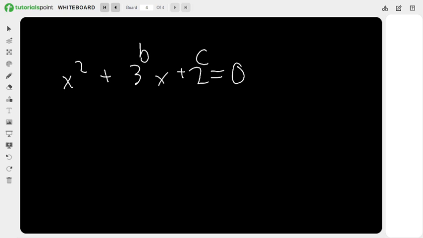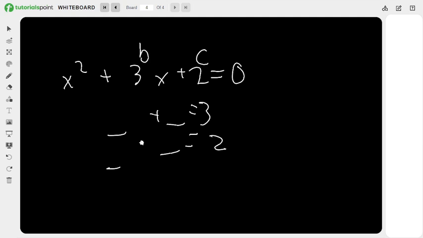So now that we have that, we're going to try to think of some numbers that add to 3 and multiply to 2. And the reason why we are doing 3, 2 is because 3 is our b, and 2 is our c. So let's think of every way we can multiply the 2.